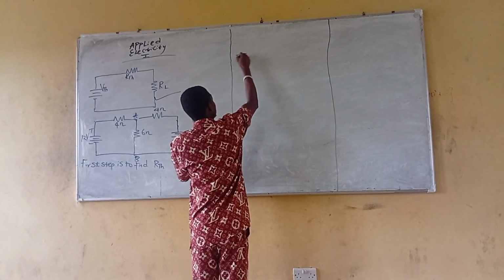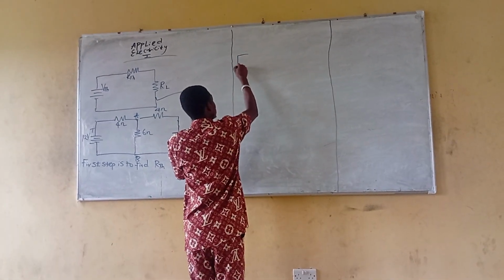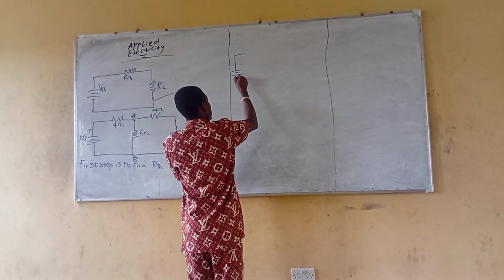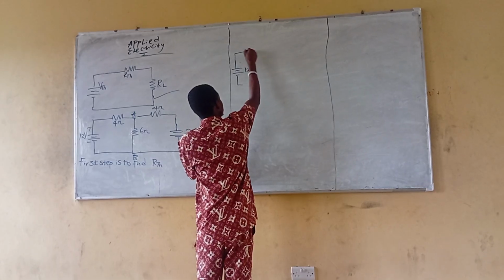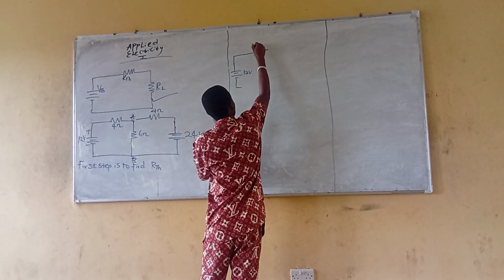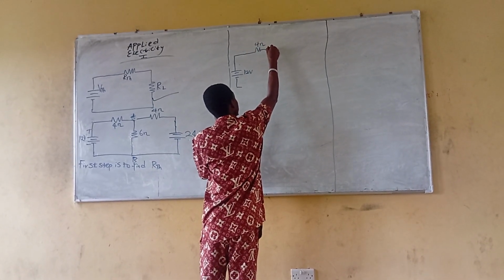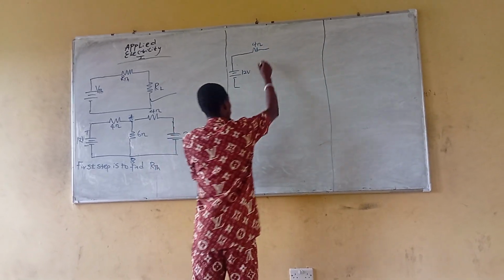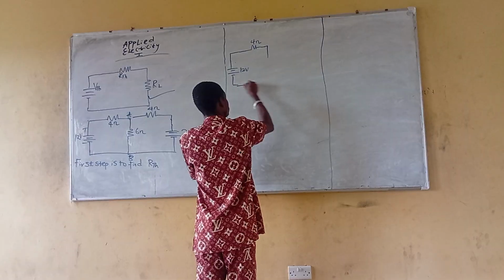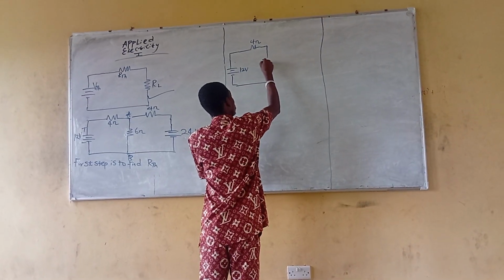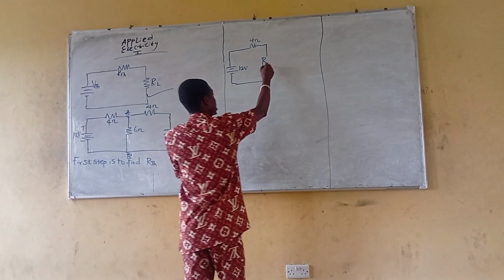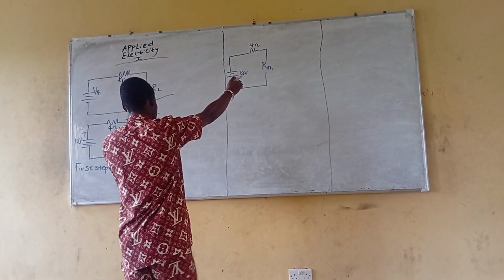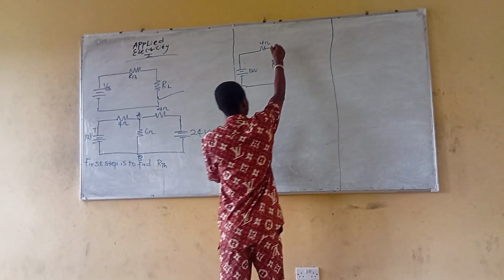I'm going to still have here my 12 volts, then my 4 ohms resistance. As I said, you should remove the load resistance, so here you indicate it as RTH, the Thevenin's resistance, because we want to find the Thevenin's resistance.